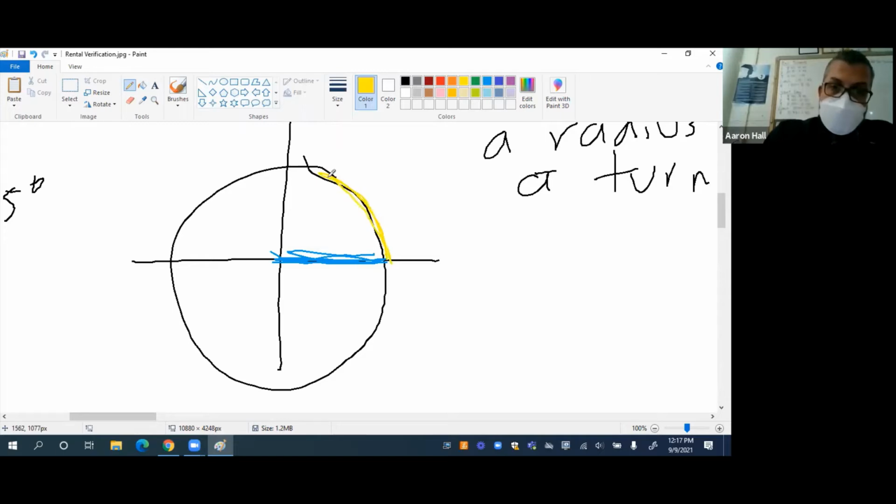That's 1 radius of a turn, in other words, a radian. Here's 2, and here's 3, and then there's a little bit left over. So a half circle rotation of 180 degrees is almost 3 radians.